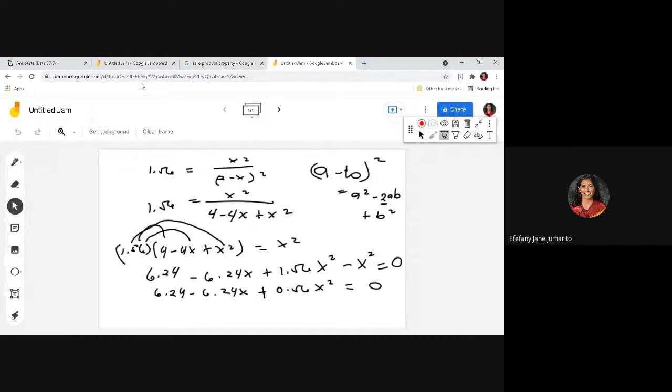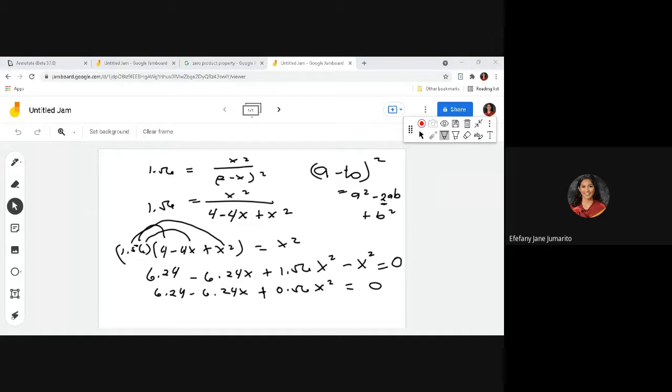Okay, so factoring. Now, when we factor this one, we have a calculator class. Cellphone, ma'am. Factoring is difficult, ma'am. Stop. No, a scientific calculator. Scientific, ma'am. Okay, scientific calculator.